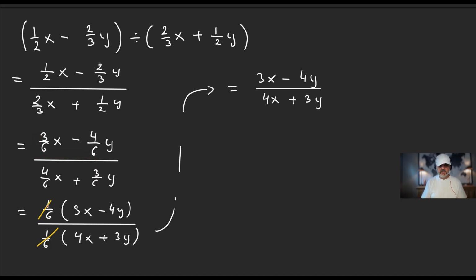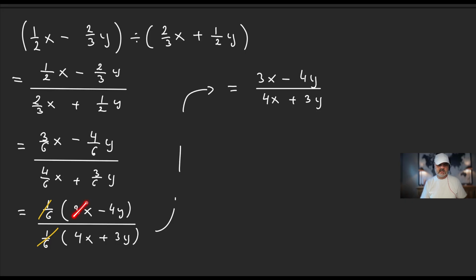That was the whole reason. Create a common denominator, then take out. So 1 over 6 is the common denominator, and you have 3x minus 4y left inside the bracket. Same thing with the denominator, take out common denominator as a fraction 1 over 6, so that you have 4x plus 3y left inside the bracket.